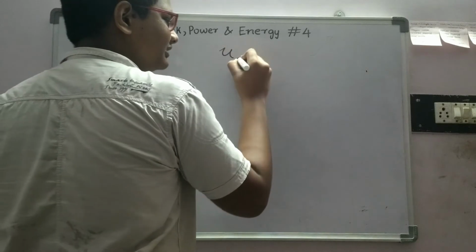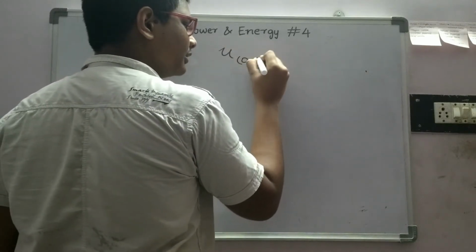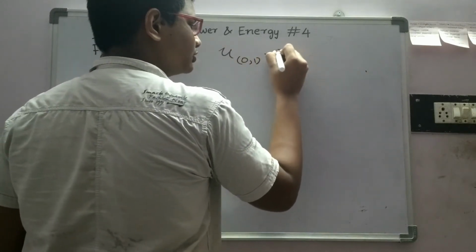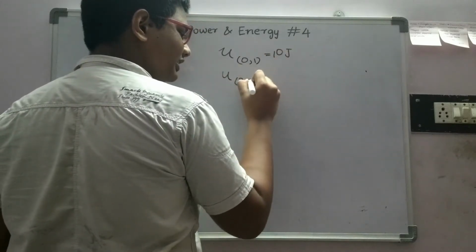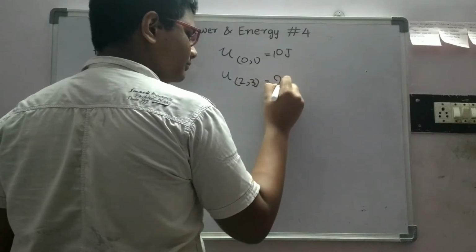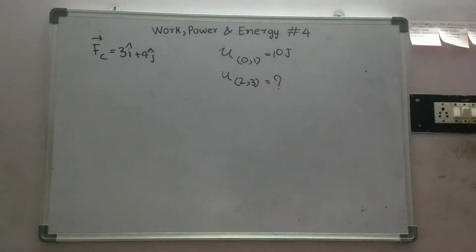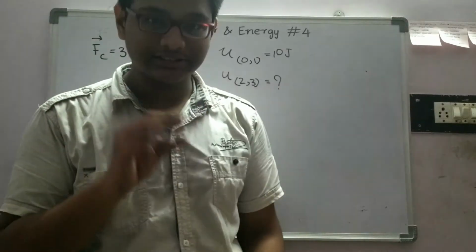Given potential energy at (0,1) as 10 joules. Now we were asked to find the potential energy at (2,3). This is a conservative force. Now pause the video and try it on yourself. At least for 10 minutes, try it on yourself.